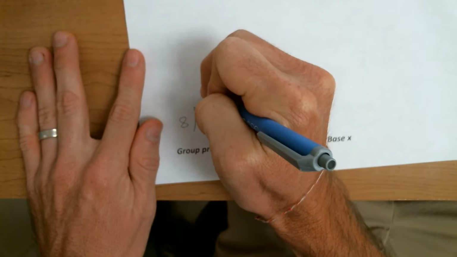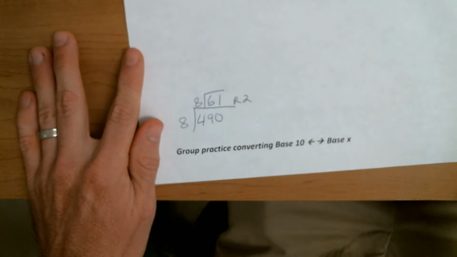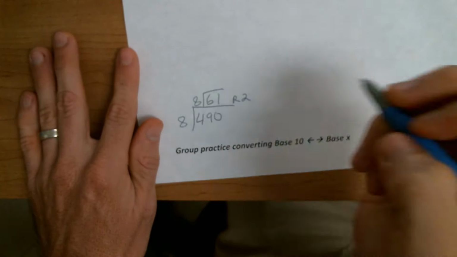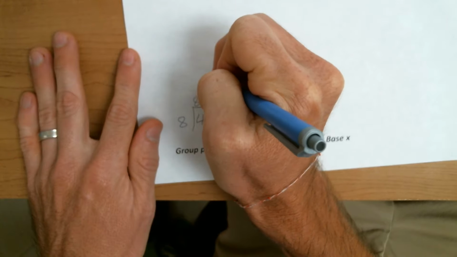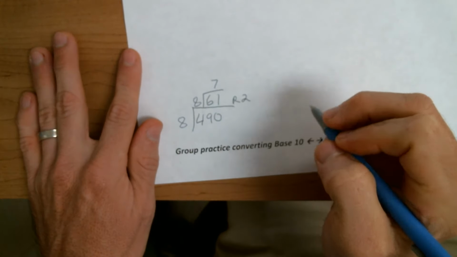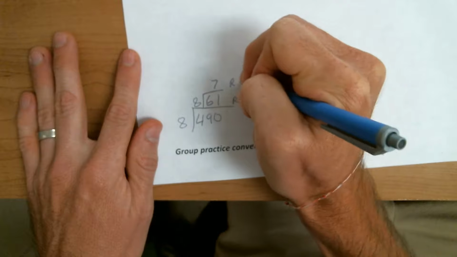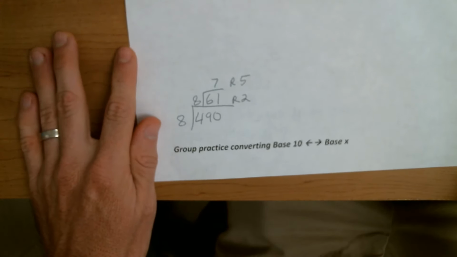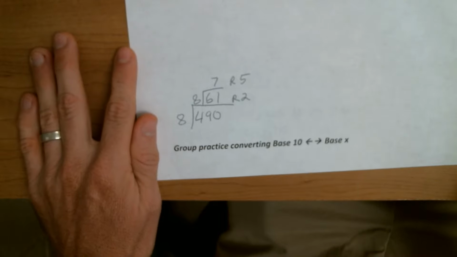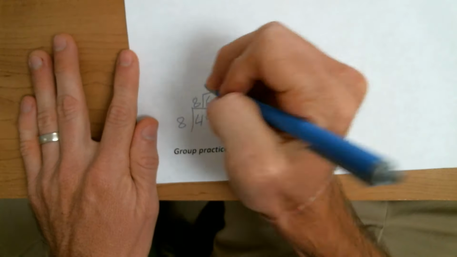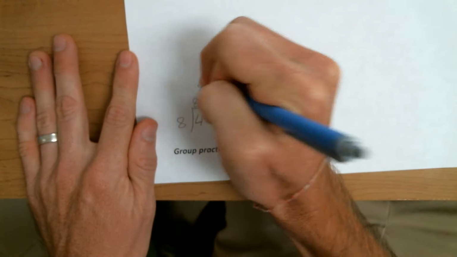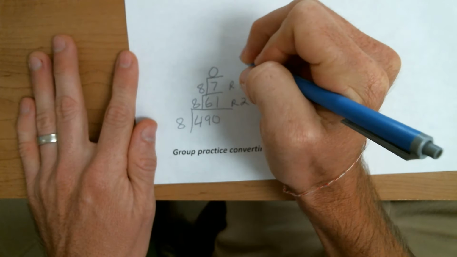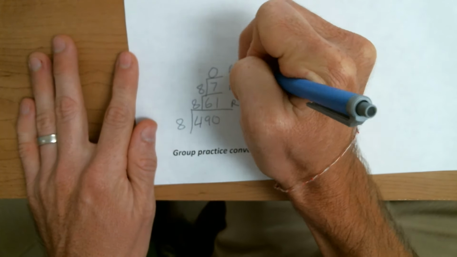And then we can divide 61 by 8 and ask, how many times does 8 go into 61? It goes in 7 times with a remainder of 5. 7 times 8 is 56, and 61 minus 56 is 5. And then how many times does 8 go into 7? It goes in 0 times with a remainder of 7.